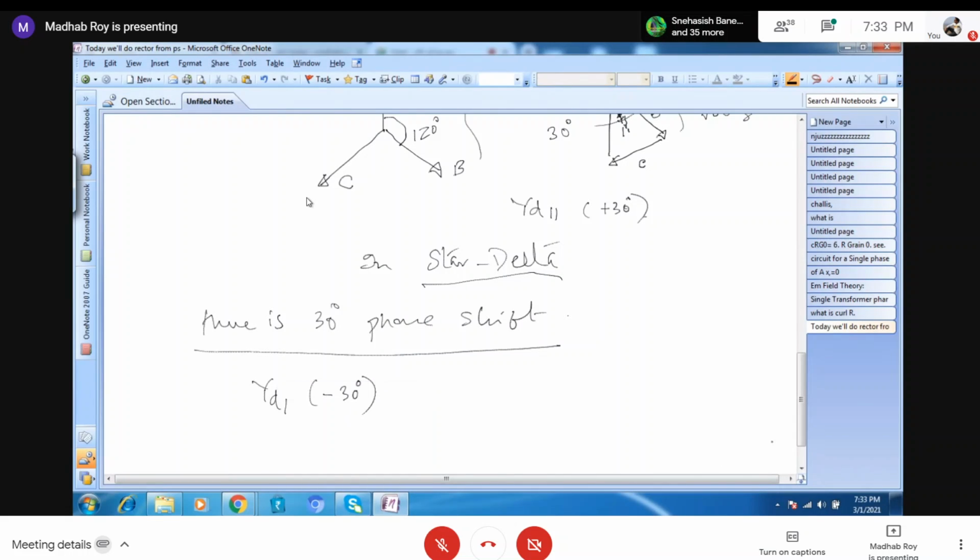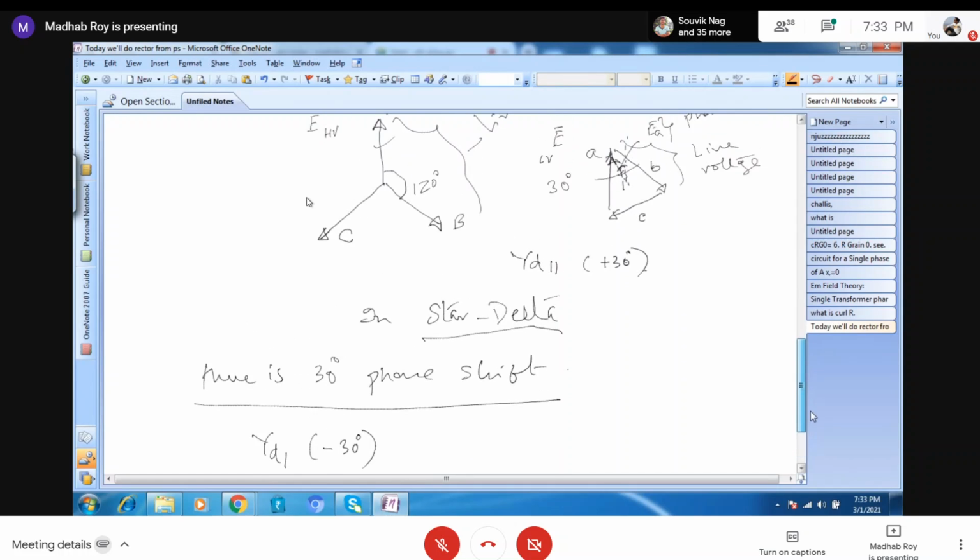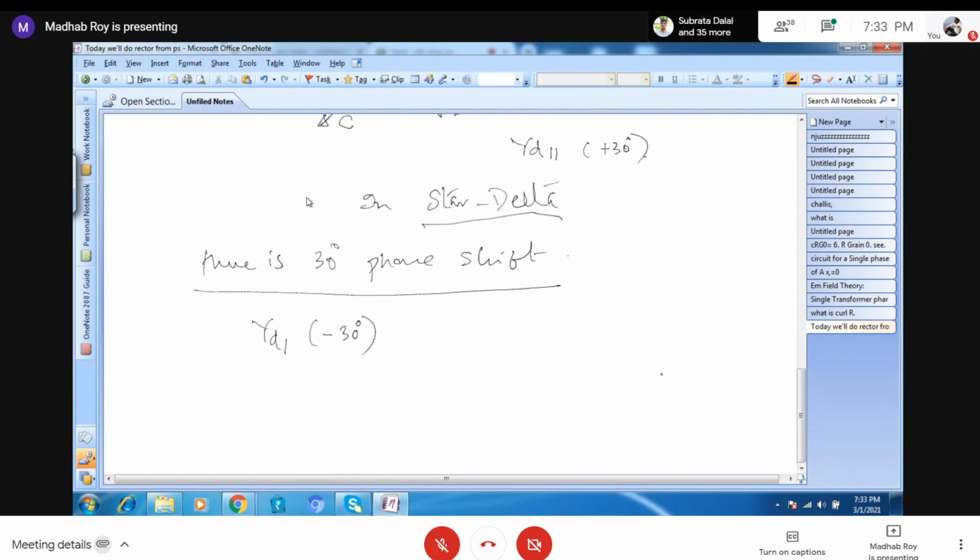In the last class, we discussed how to do that. Again, we will go for that. Very simple. The left hand side stays as it is, so we can keep the same thing here, and I will draw the right hand side. The LV side is this.